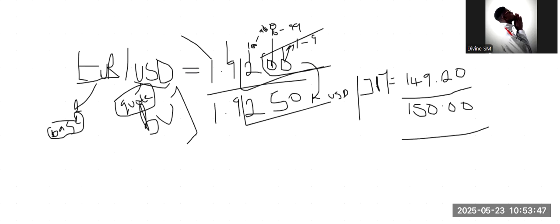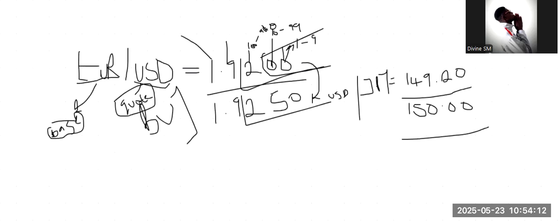149 from 150. 149 minus 150 is what? It's basically 1. This is 20. So we are saying price moved 100 pips.